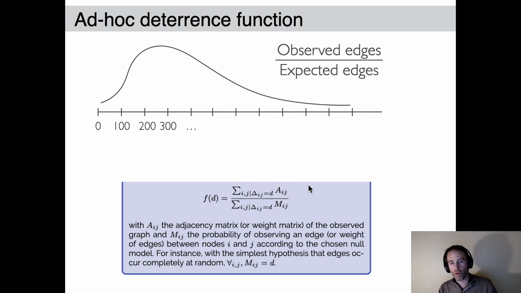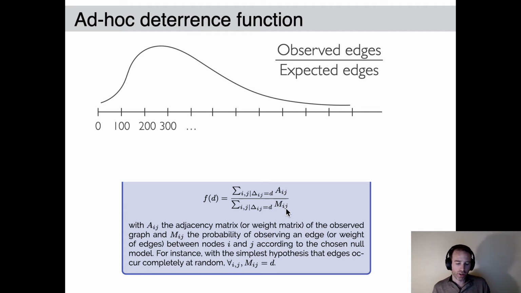A little bit more formally, this is really counting the number of observed edges. And this corresponds to computing the sum for all the pairs of nodes which are at a distance corresponding to the current bin, of the probability of observing an edge according to a predefined model.